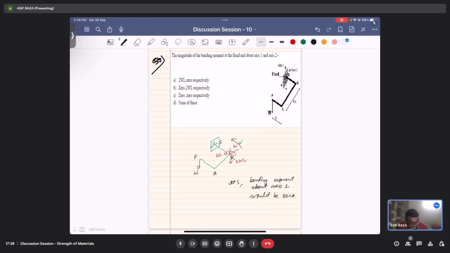So that is there. Because of that, about axis 1, my bending moment will come out to be 0.